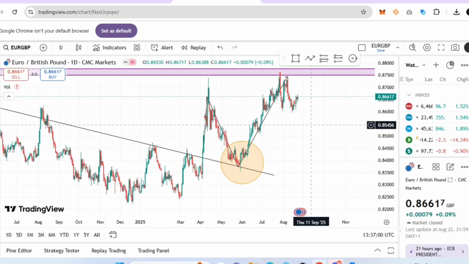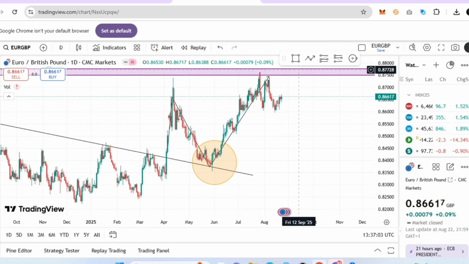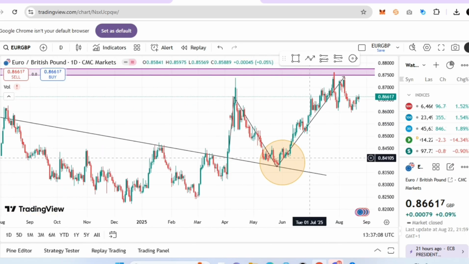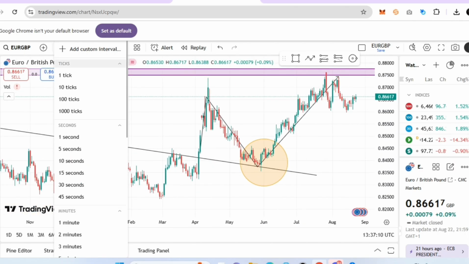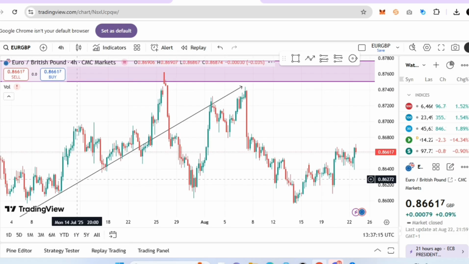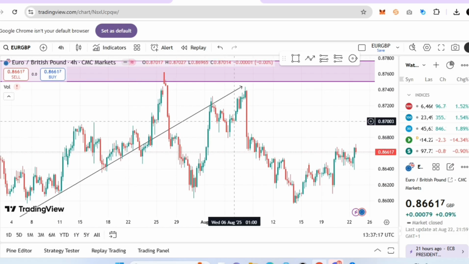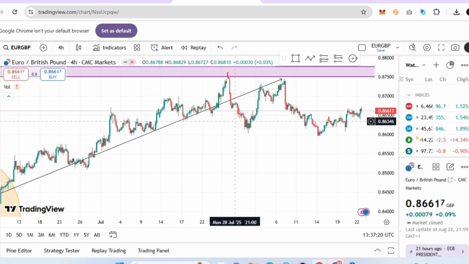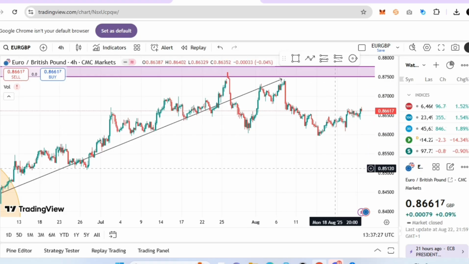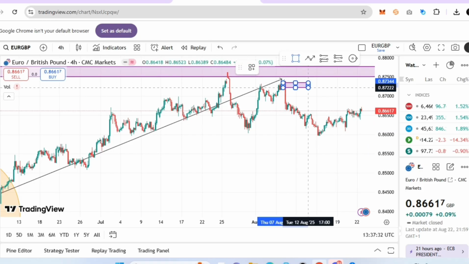So let's go to a lower time frame, the 4 hours time frame. Now, here on the 4 hours time frame, let's go to the recent market structure, because I can see that the market is moving in a trend.